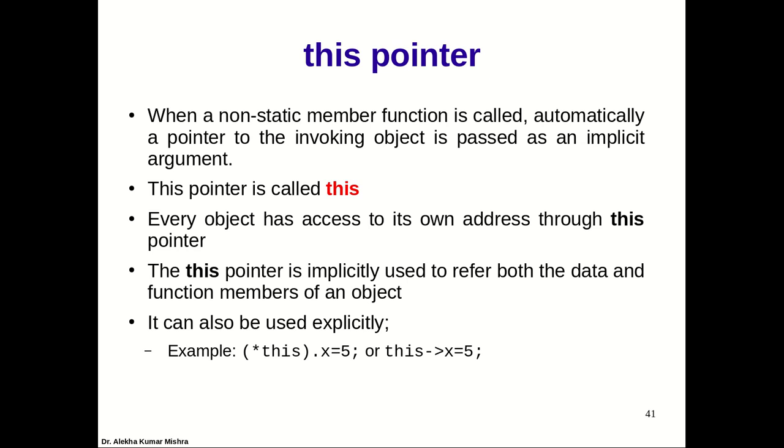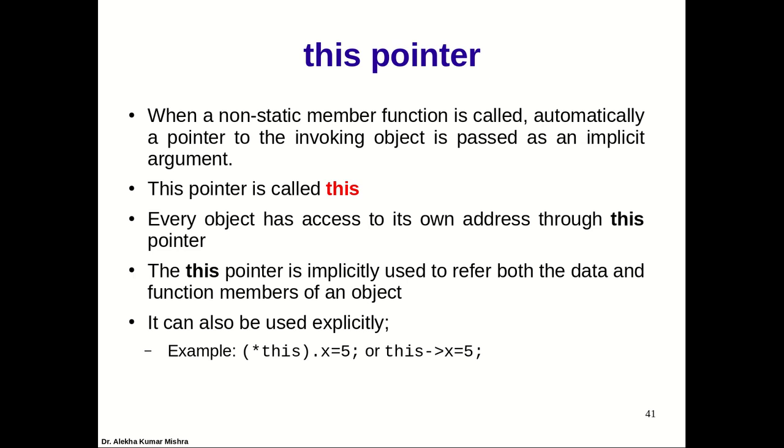So how do we refer to them? To refer to them, we use a pointer called this. The this pointer is a special type of pointer which points to the object which is passed implicitly. Suppose some object ob has called this function.